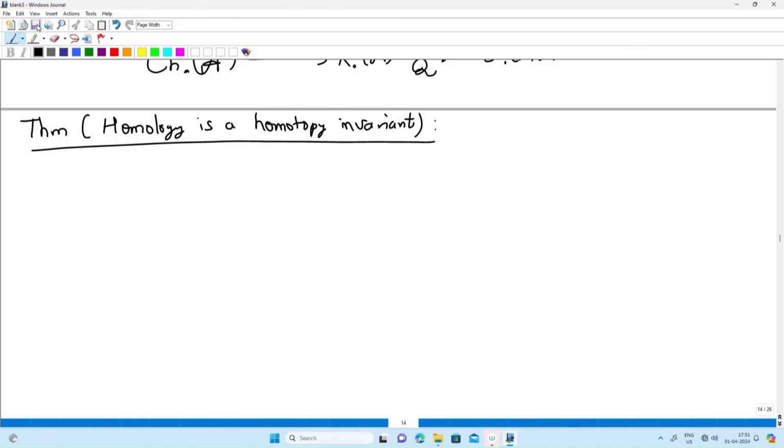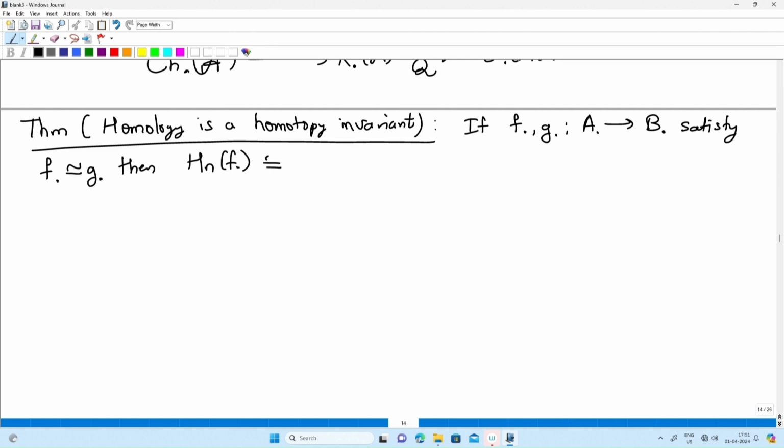Okay, so let me state it properly. If f dot and g dot are maps from A dot to B dot, satisfying f dot homotopy equivalent to g dot, then Hn f dot is isomorphic to Hn g dot for each n.